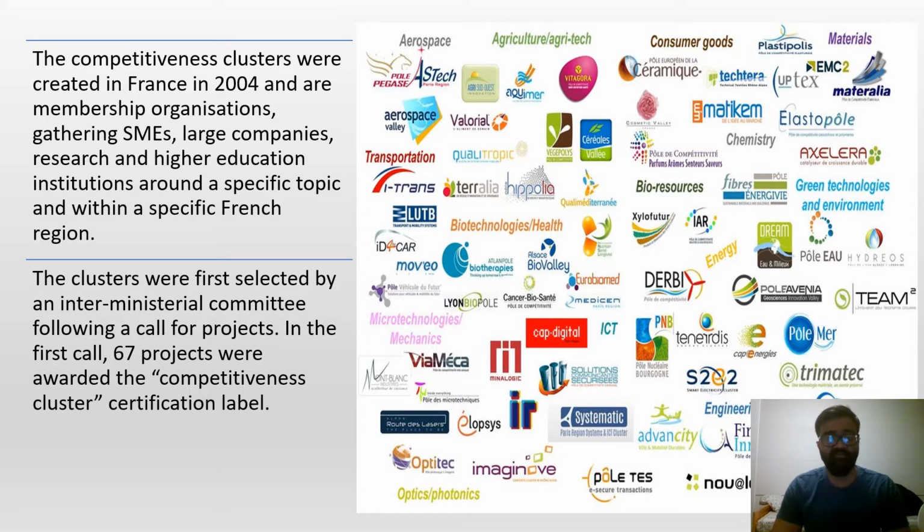The cluster was firstly selected by interministerial committees, following a call for projects. As we see, there are a number of giant tech companies which are working, and the whole economy of the country depends on that.